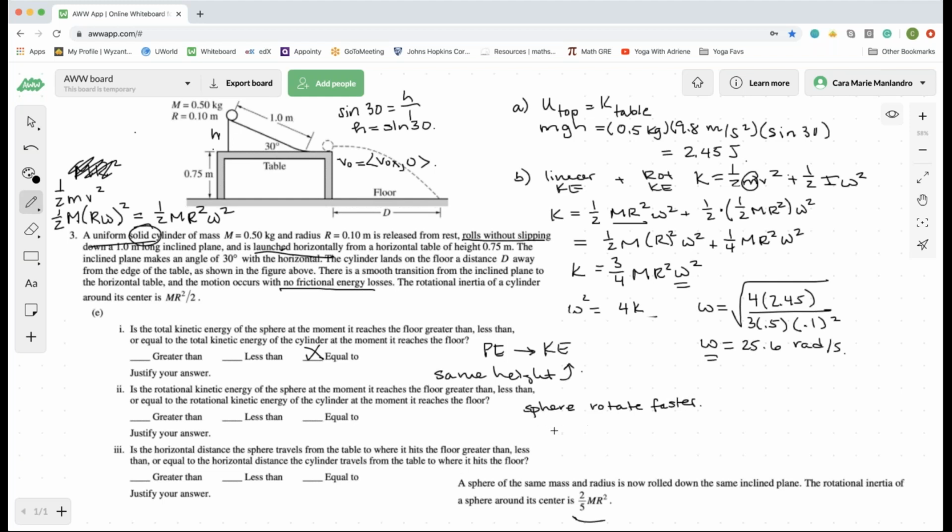We can note here that the rotational inertia of the sphere is less than the rotational inertia of the cylinder. They gave that to us. And since v is equal to r omega, the sphere is going to move with greater speed.